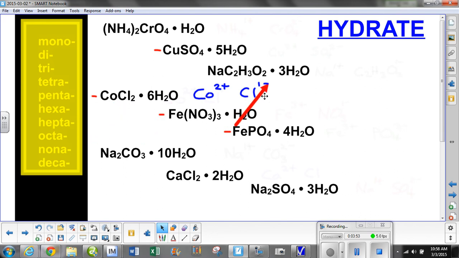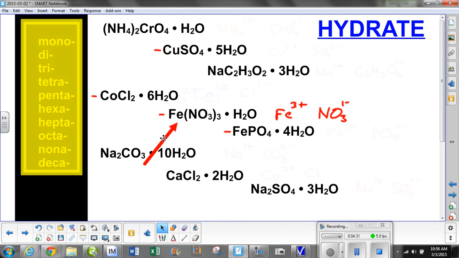So we have to have a 2 negative charge for chlorides, which requires that we have a 2 positive charge for the single cobalt. So we're going to name this cobalt 2 chloride, 2 because his charge is 2, and then the hexahydrate, cobalt 2 chloride hexahydrate, or 6 waters.